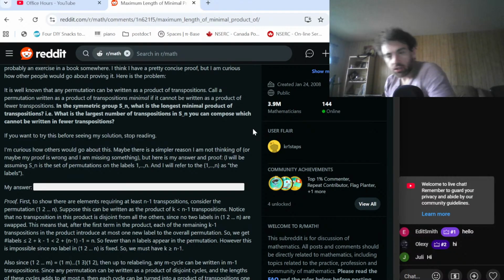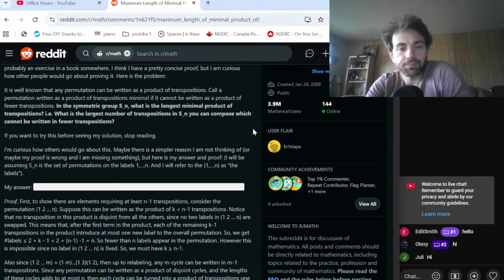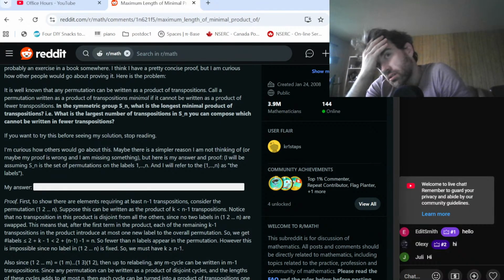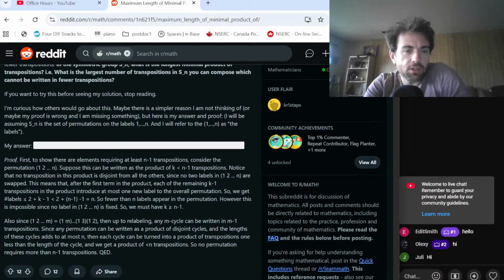Isn't the longest element just the product of all transpositions? Am I wrong? Well, I guess it depends on the order. Let's see the post. Curious how others would go about this. Maybe there's a simpler reason.